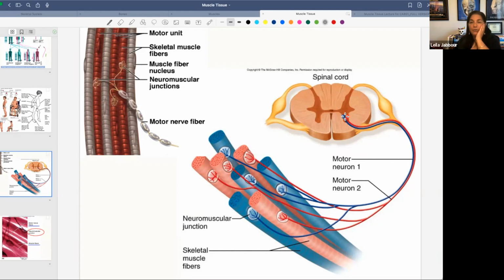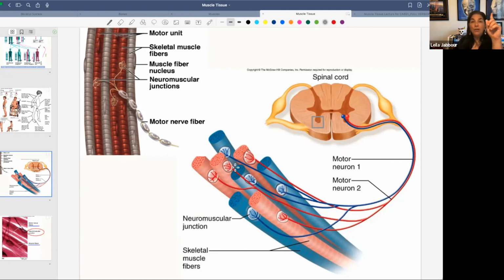So here are a couple of examples of motor neurons sitting in the ventral horn of the spinal cord, and they project their axon to their target cells, and each motor neuron actually splits into several terminal axonal fibers, and each axonal fiber reaches a different cell.